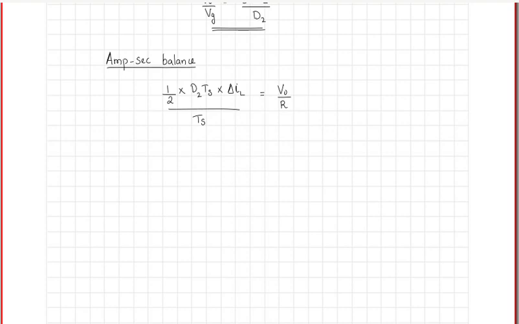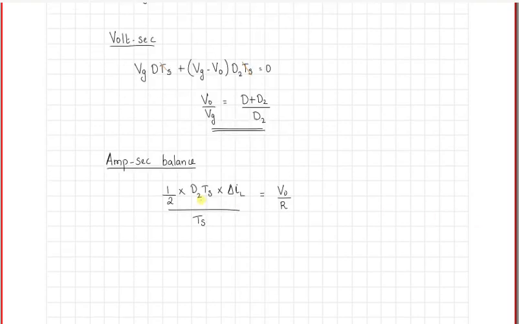Did I make a mistake? Half into D2TS times delta IL by TS should be equal to V0 by R. So yeah, this is fine, right?